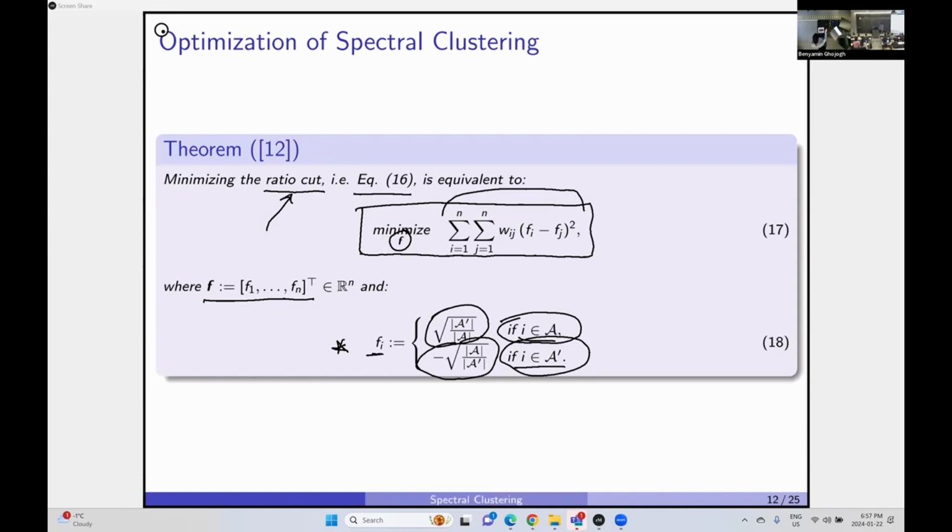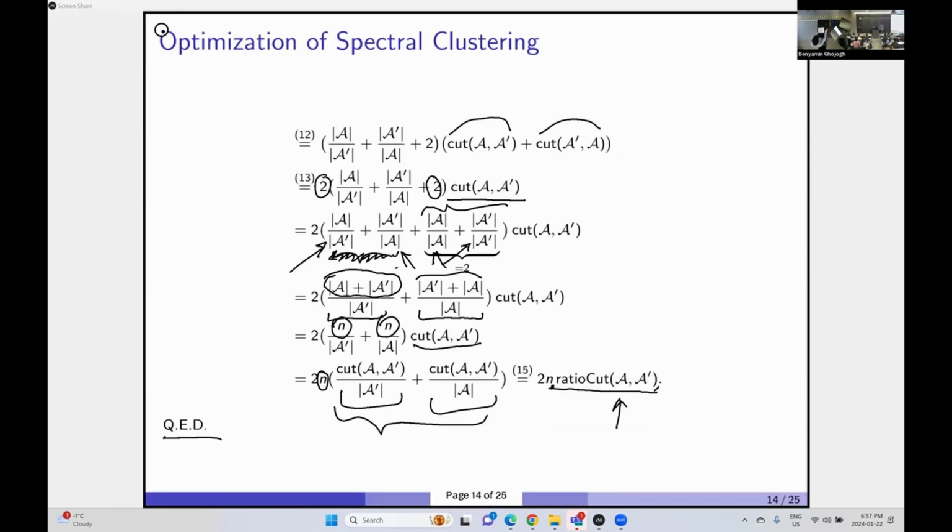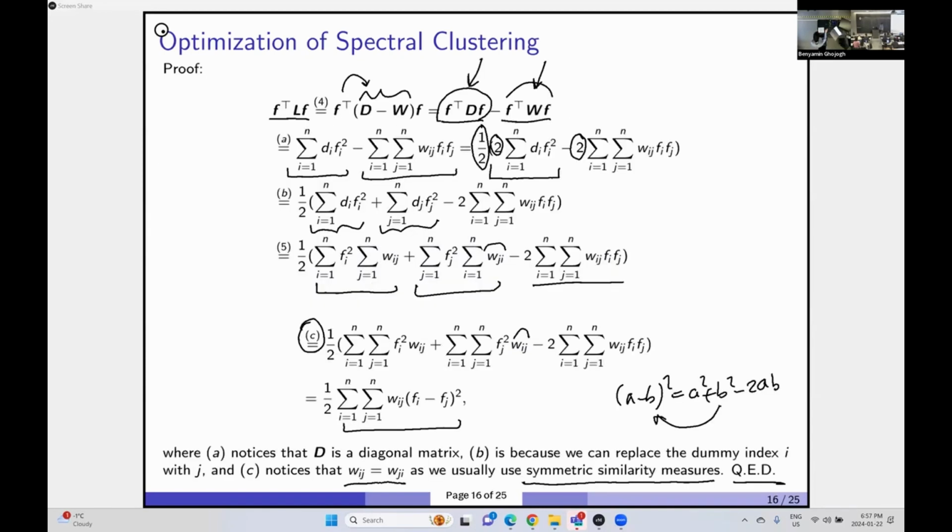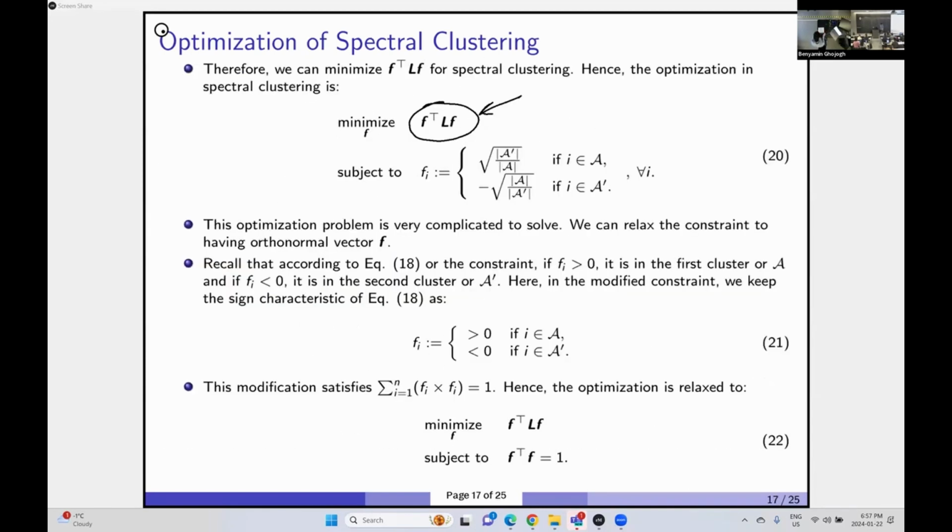And ratio cut was also robust to outliers. So now we minimize this subject to the definition of fi that we had for all i from 1 to n. Right? So it's a constrained optimization problem.